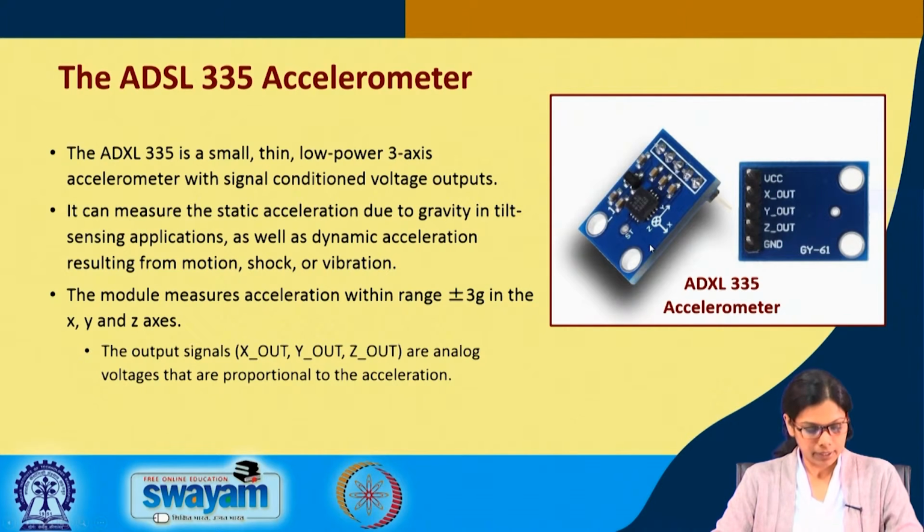So, the ADXL335 is a small, thin and low power 3-axis accelerometer with signal conditioned voltage output. It can measure the static acceleration due to gravity in tilt sensing applications, as well as dynamic acceleration resulting from motion, shock or vibration.